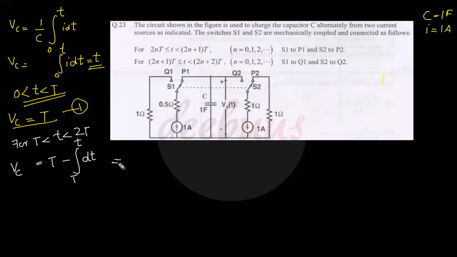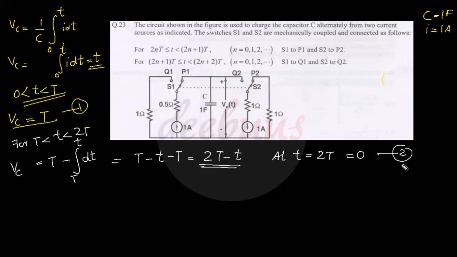So that is T minus t plus T. So the answer is 2T minus t. Again, at t equal to 2T, the voltage turns out to be 0.